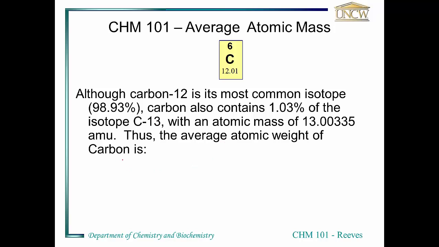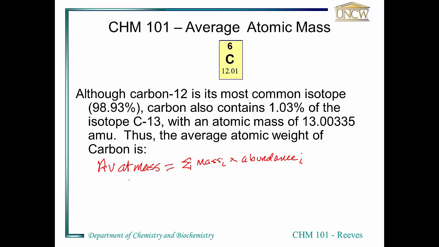So, that means the average atomic mass will be, and this is what's known as a weighted average, the sum, and we do that with the sigma, of the masses of each isotope times the abundance. The abundances should be given as fractions, so 98.93% is 0.9893.